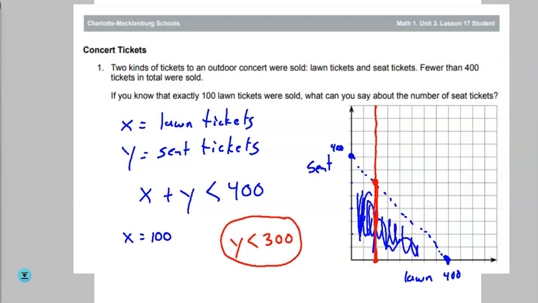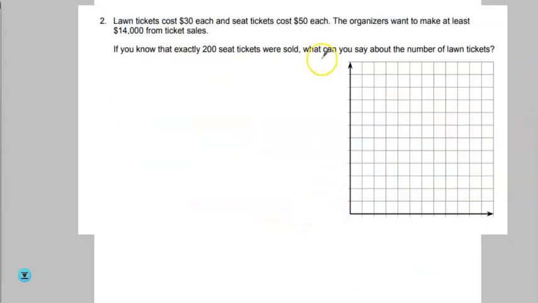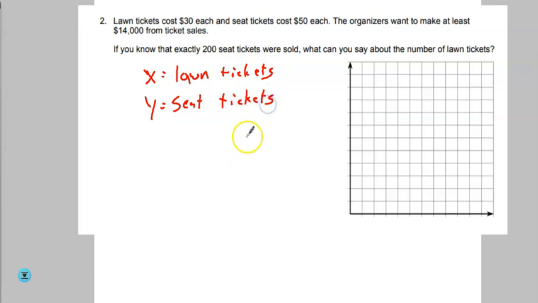On the second part of that one, so different situation, lawn tickets cost $30. So again, X equals lawn tickets. Y equals the seat tickets. 30 for each lawn ticket and 50 for each seat ticket.